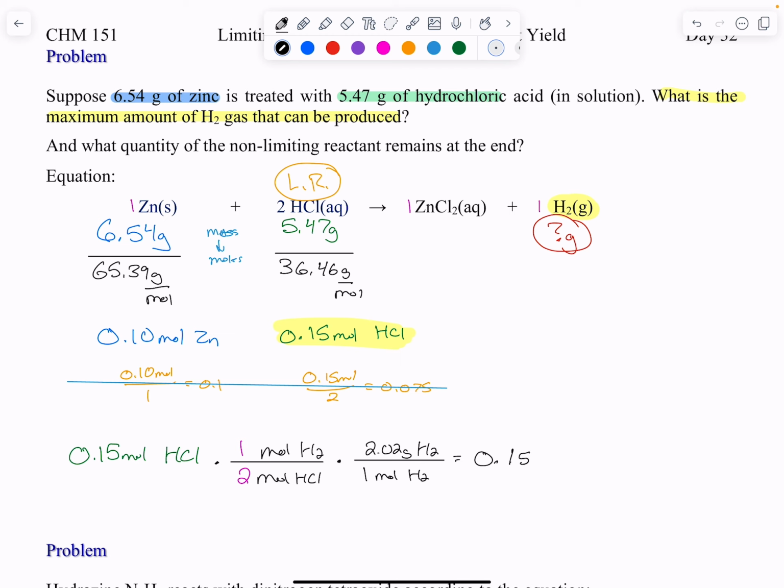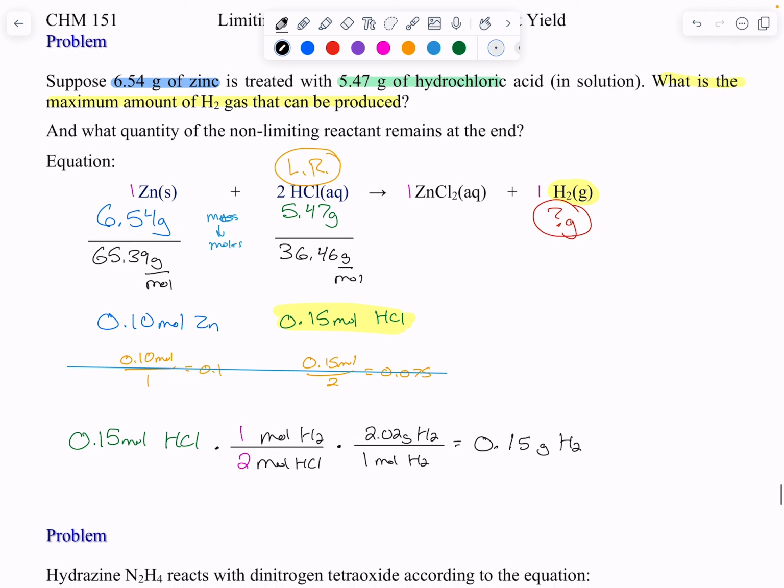0.15 grams of H2. Now, my sig figs are wrong here, because I only have 2 sig figs when I did the math. So I only get to have 2 sig figs in my answer. I bet you that's not the right answer.